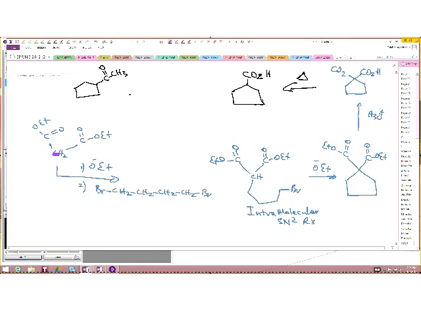Can you use thionyl chloride? Okay, acid chloride. Do the acid chloride, and that will give us the acid chloride. Okay, then what do you do with that?